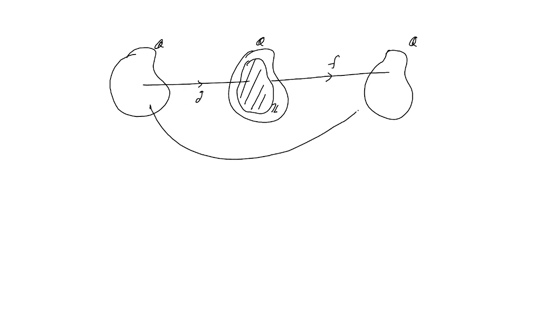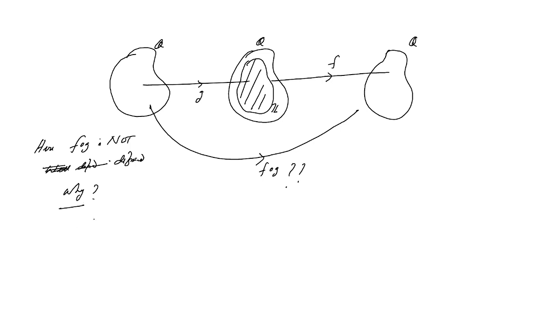So is it possible to compute F composed G? Is it possible? Here, this is our observation: F composed G is not well defined. Now the question is why is it not defined?